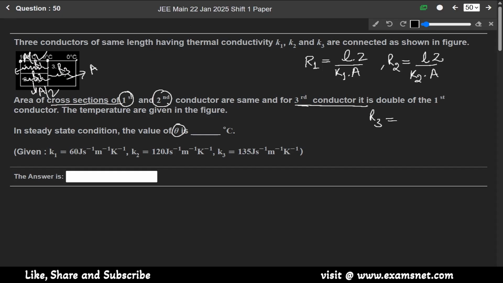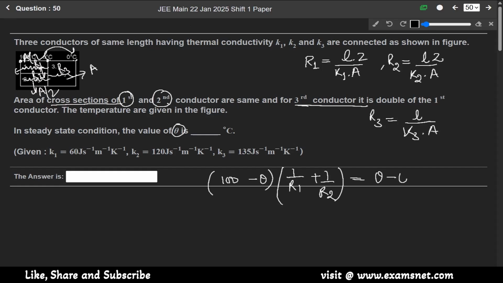And R3 will be L over K3 into area A. Now for these three temperatures 100, theta and 0, we can write 100 minus theta. Since these two are in parallel combination, we will write 1 over R1 plus 1 over R2, and it will be equal to theta minus 0 degree over equivalent resistance. Equivalent resistance is R3 only.